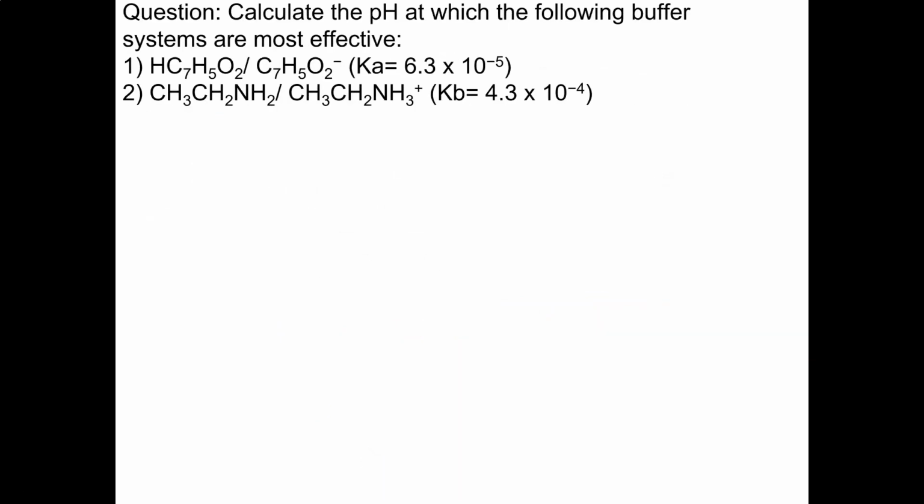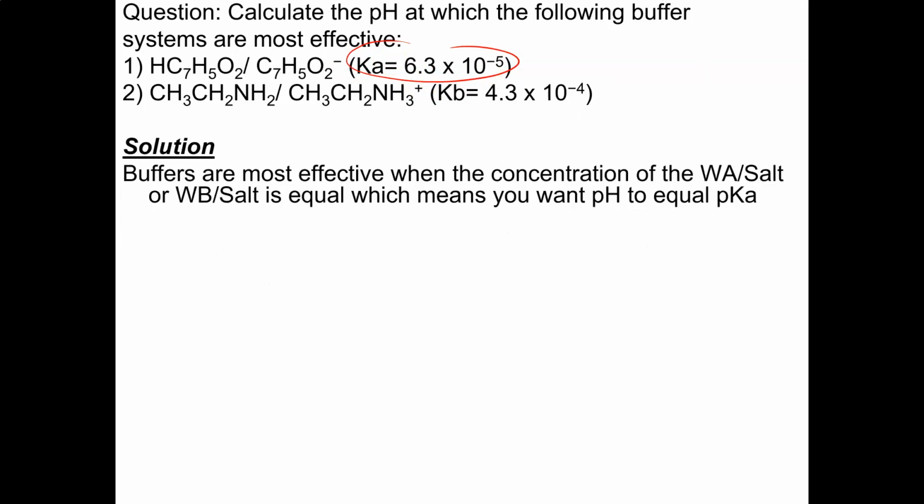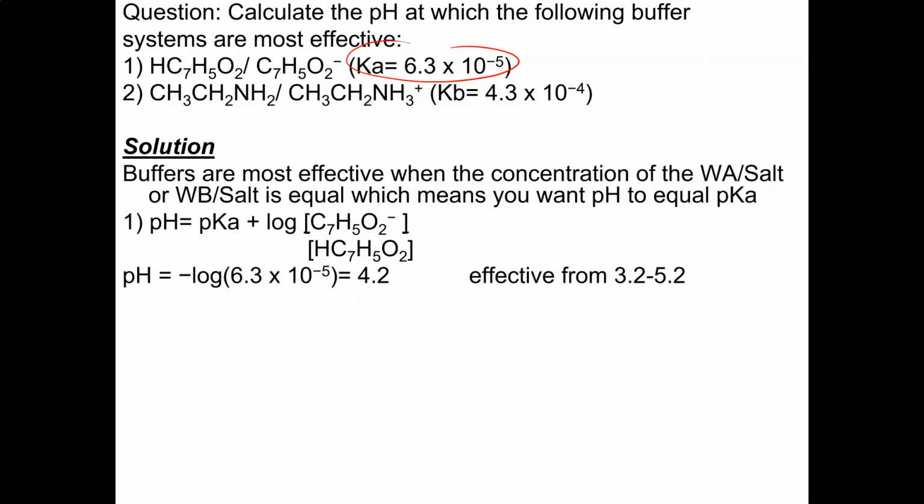All right, so calculate at which pH of the following buffers is the most effective. Remember I always said the buffer works plus or minus 1, its most effective range. So how do you determine that range? Really easy. Take the negative log of the Ka. For the first one, you assume the concentrations of these two are equal, because remember, a buffer is most effective at a 1-to-1 ratio.